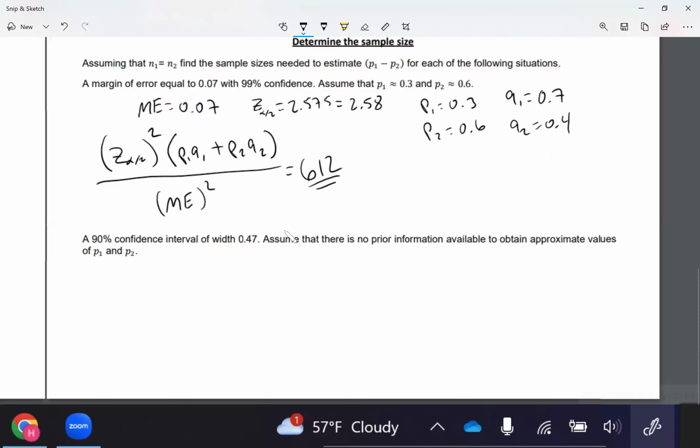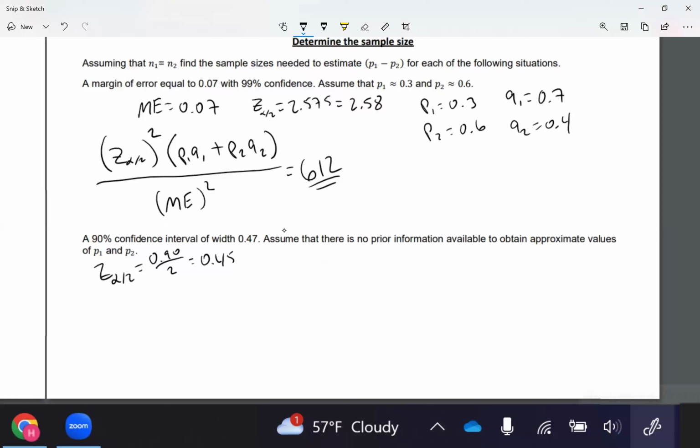Okay, now let's take a look at my 90% confidence interval. Do we know our C-score? I go 0.90 divided by 2, so 0.45.